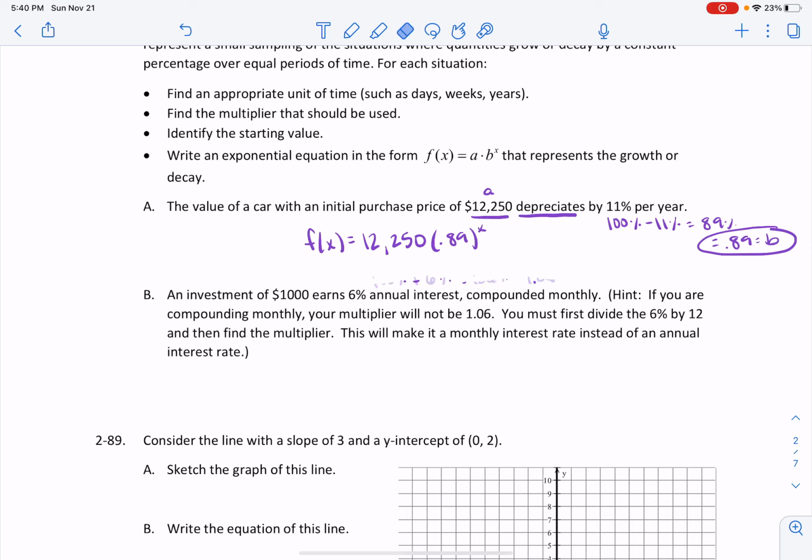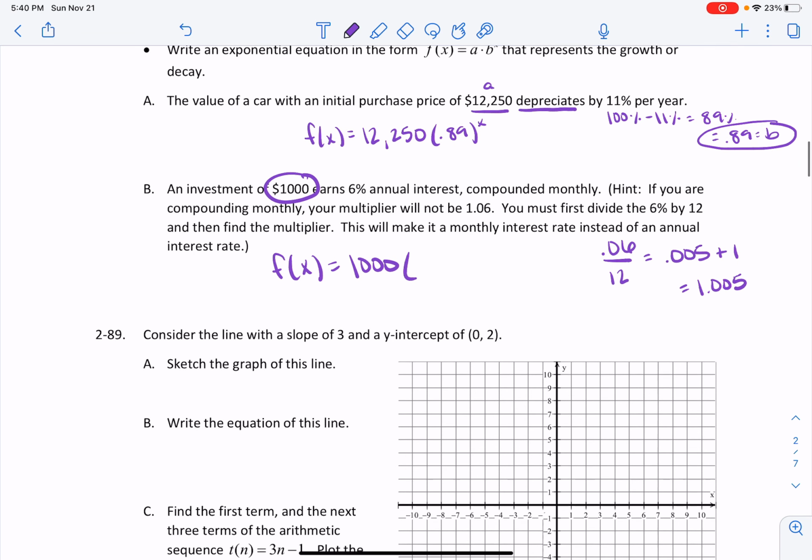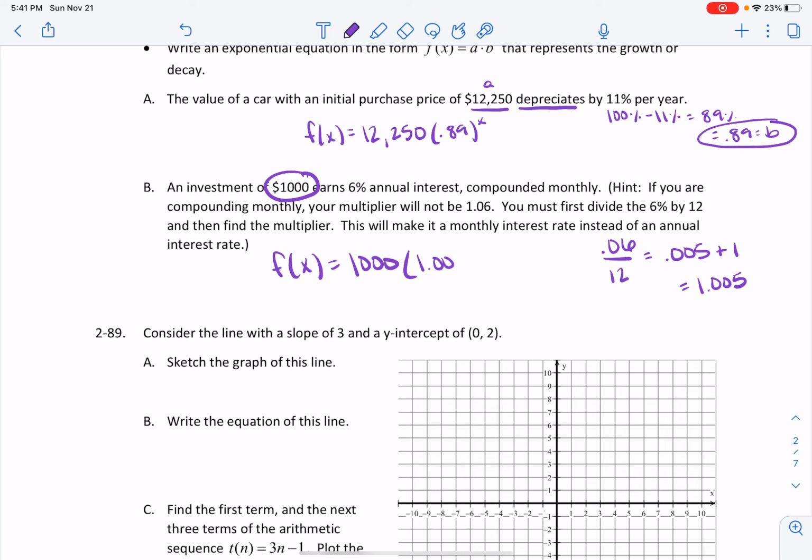That's basically what we almost always do. But this is trying to say, well, actually we're compounding monthly. So we need to take 0.06 divided by 12 to give us 0.005, and then we can add the 1. So our multiplier is actually 1.005. So f of x equals our starting value, 1,000, times 1.005 to the x power.